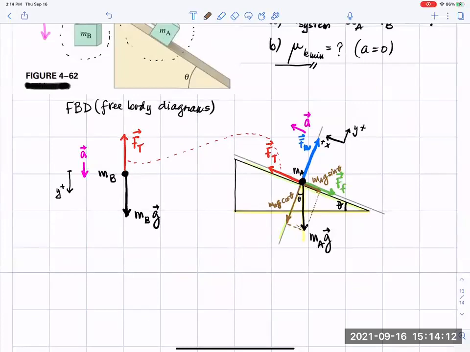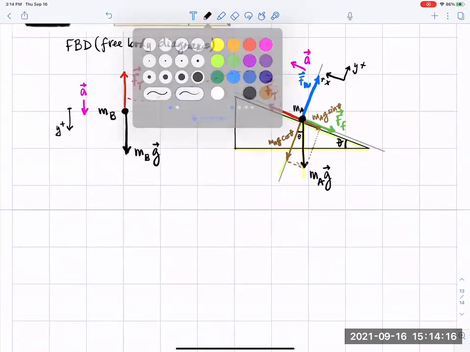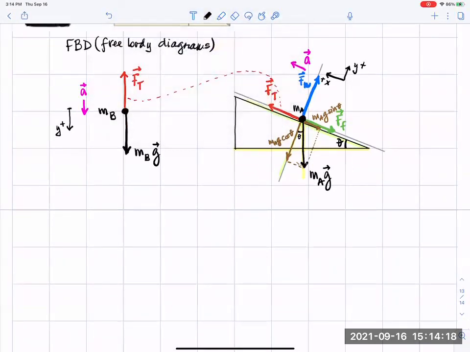So let's proceed in doing that. I am going to start with the sum of, so again, remember this is a dynamic equilibrium, and you have to write Newton's second law equations, right?